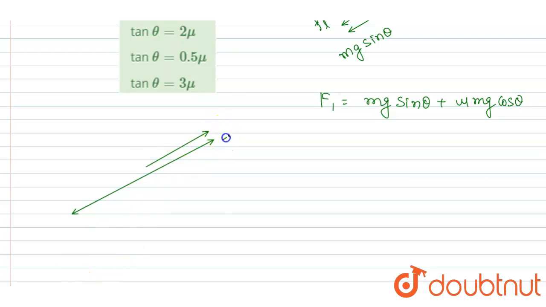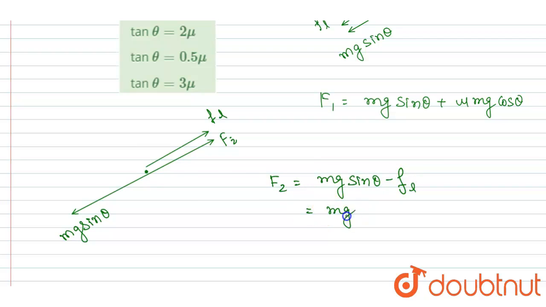Let's say F2 is the force with the limiting friction, so that it can prevent this mg sin θ from sliding the block down. So from here I can write F2 equals mg sin θ minus Fl, that is mg sin θ minus μ mg cos θ.